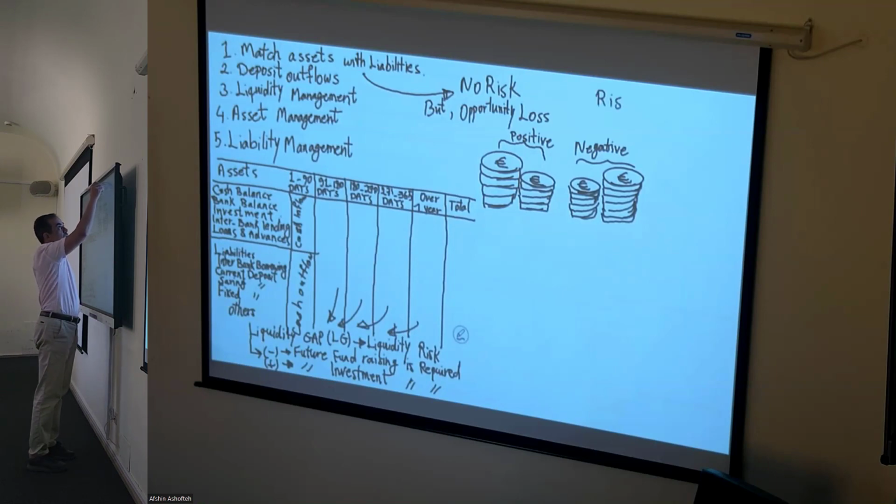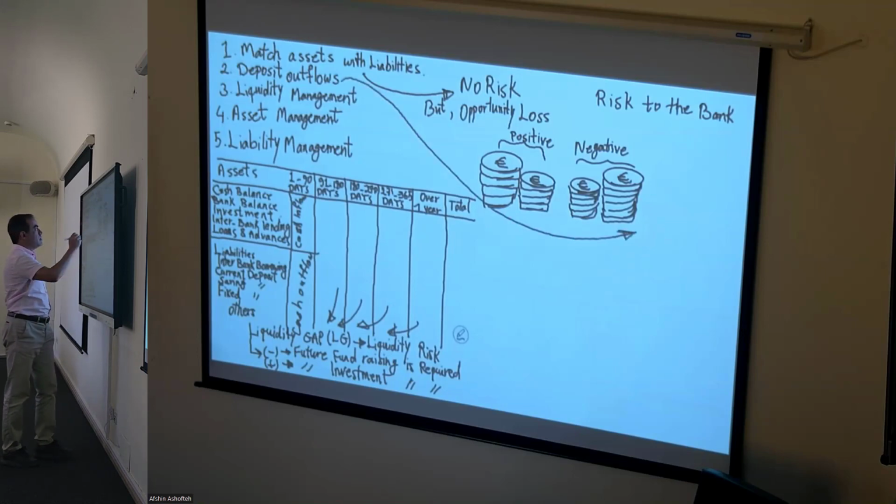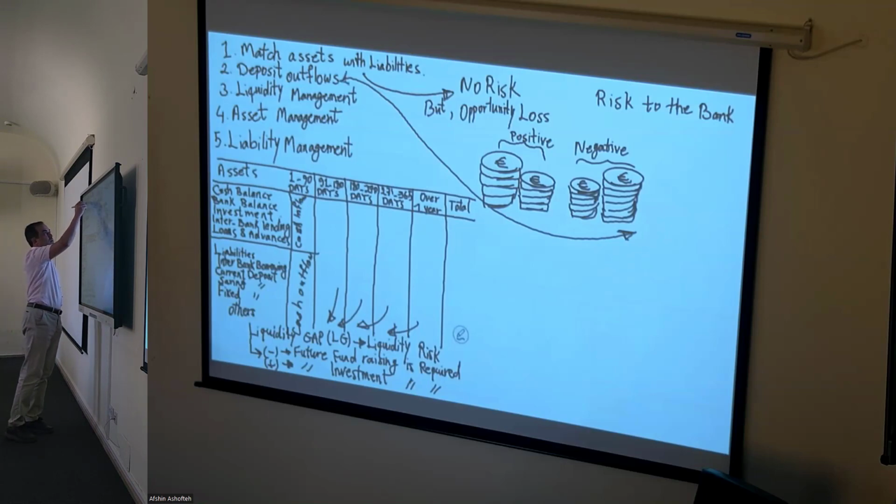So we have risk to the bank, and this risk to the bank might give us what? The deposit outflow.